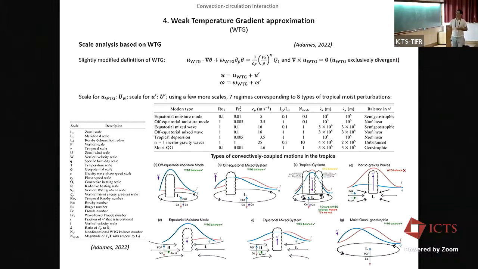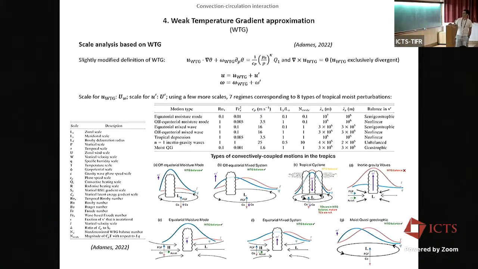And so you've got equatorial and off-equatorial moisture modes, in which the WTG approximation is very well respected. You have some mixed systems, meaning mixed temperature and moisture systems, for which WTG is still fairly well respected. So you can still have WTG, and with this scaling, you're still maintaining some variability of the temperature, even if it's small.